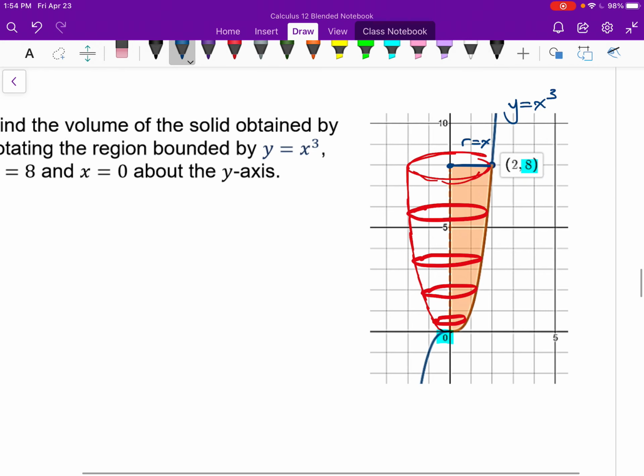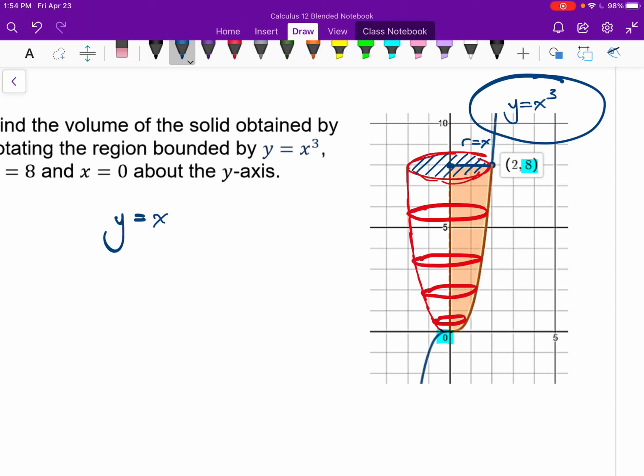And so I need to think about what the radius of any of these circles is with respect to y. Well, the good thing is that equation there tells me how x and y are related. And so if y equals x cubed, then y to the power of 1/3 equals x. And so y to the 1/3 must also equal the radius of any of those circles, because x equals r.